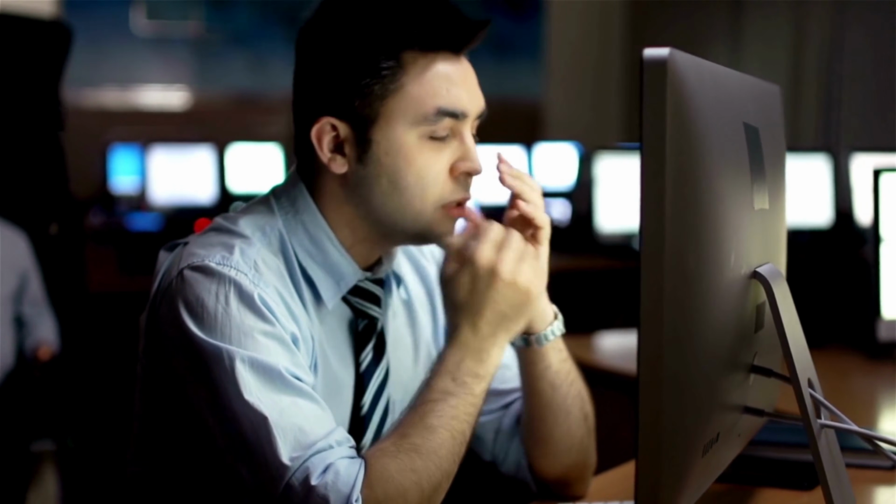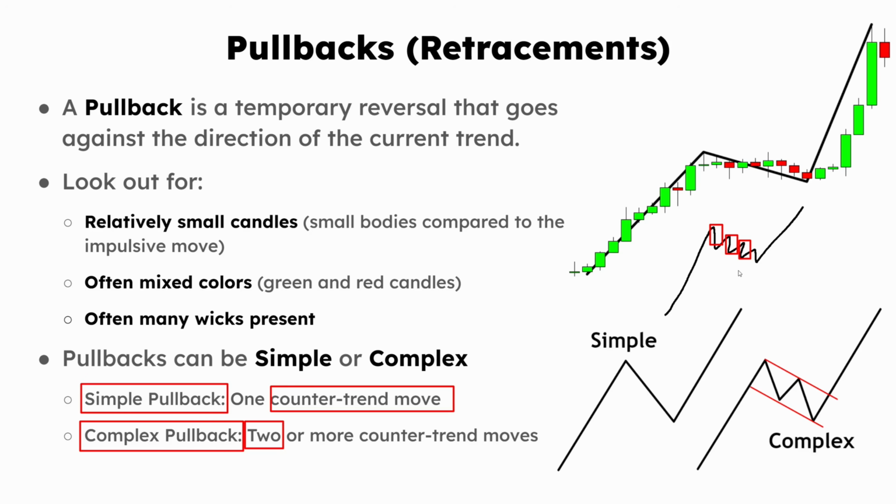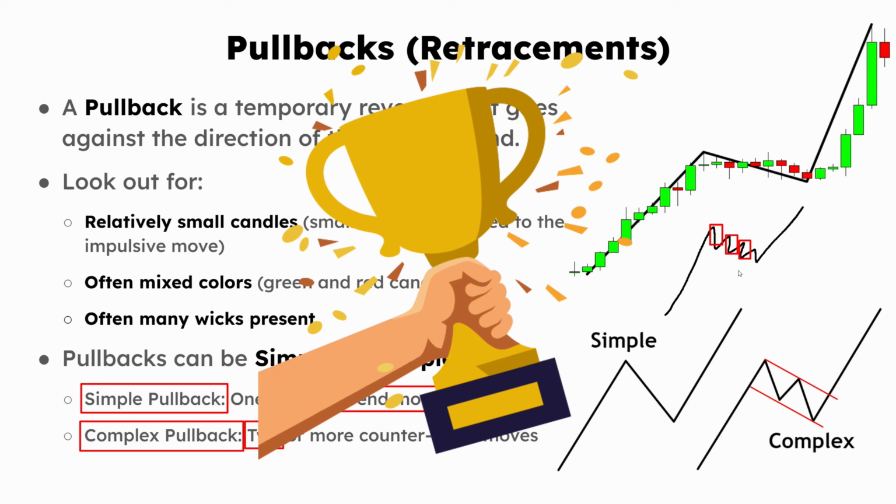And if this sounds complicated right now, don't worry, because as this course goes on, you will learn about tools and concepts that will help you understand and even trade complex pullbacks. And while the complex pullback is hard to learn, when you actually learn to trade complex pullbacks, they can be very rewarding.